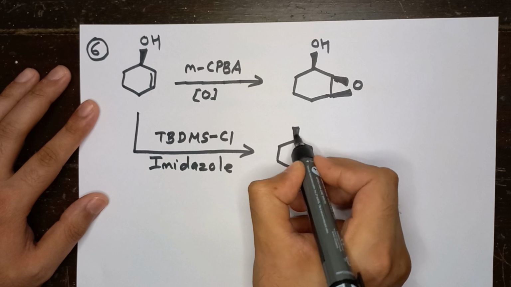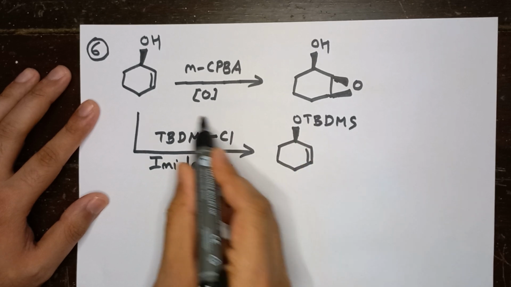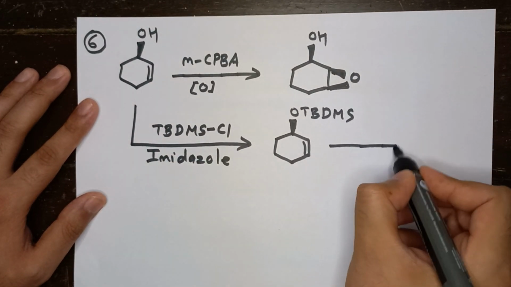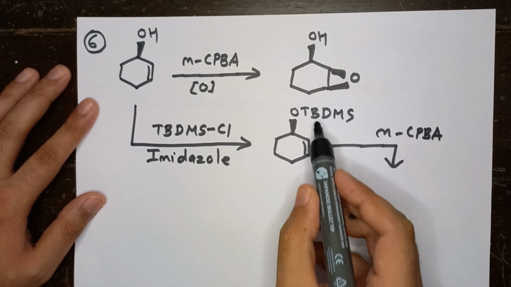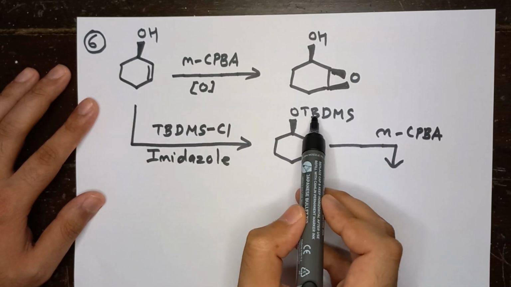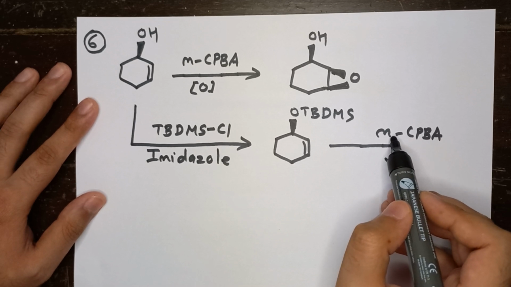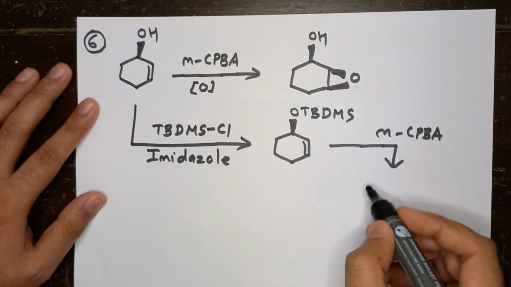So this time we converted OH into OTBDMS by using this particular reagent. Now this time if I subject this to MCPBA, the MCPBA will not be able to do hydrogen bonding, and this time it will insert oxygen below the plane.